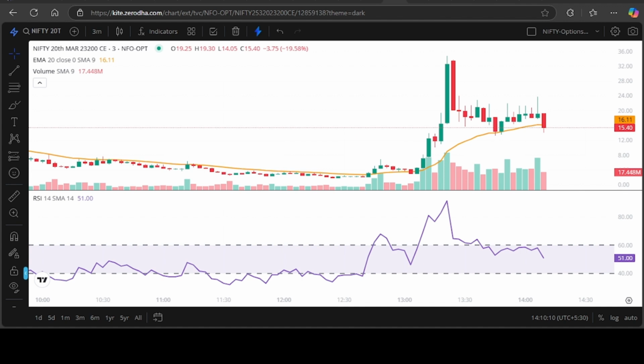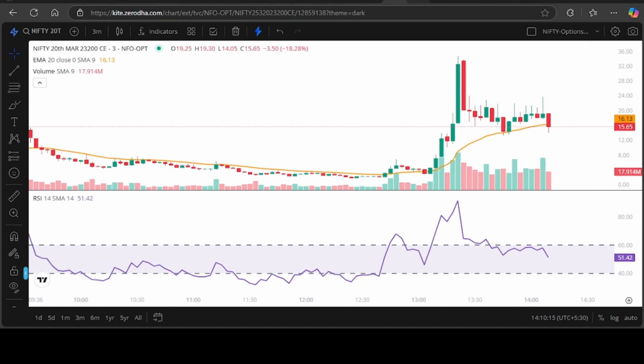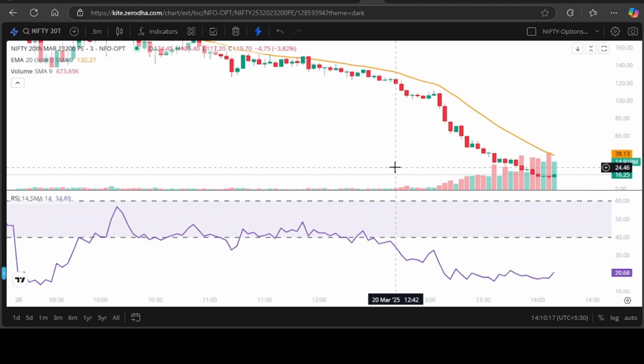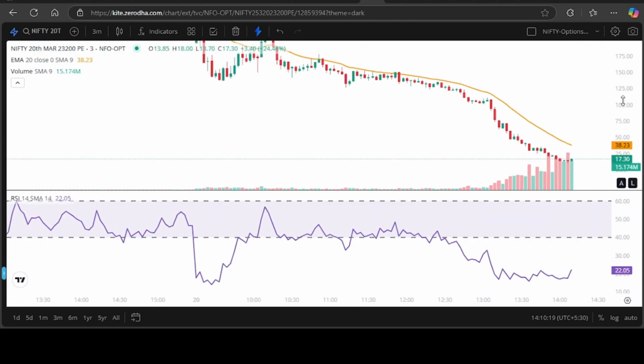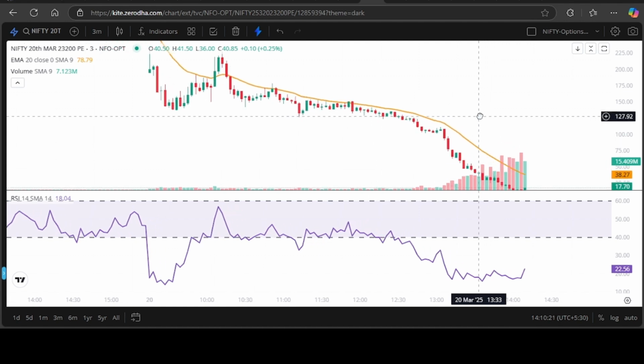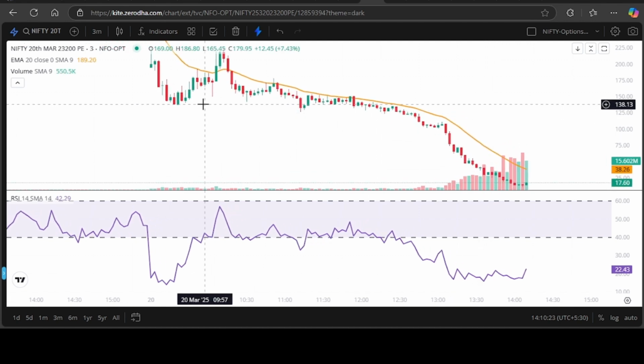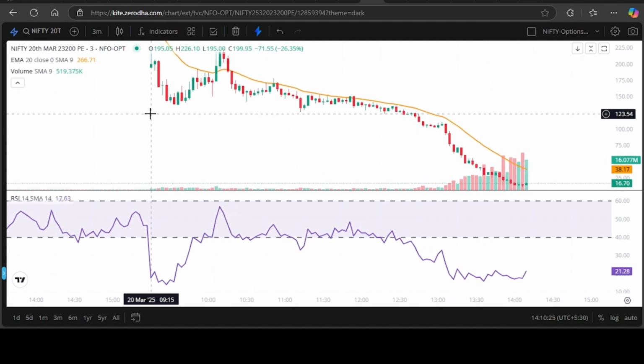So looking at the current chart, this is the call chart and this is the put chart of Nifty. Now let's see how the put side is behaving, because we all know that Nifty is currently rising. All the prices of the stocks which had fallen during the downtrend have started rising.